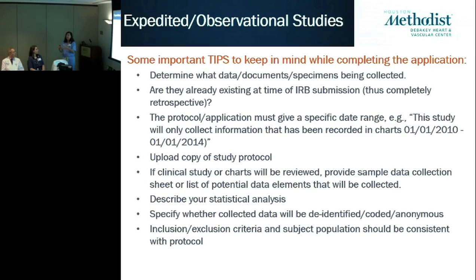And the next year, you want to go back and collect the following year. Well, the IRB is not going to allow you to do that because it's not truly retrospective. You're trying to get away without doing a consent. But if you're going to add to any retrospective review, it needs to be a prospective arm, and you need to get consents from those patients.